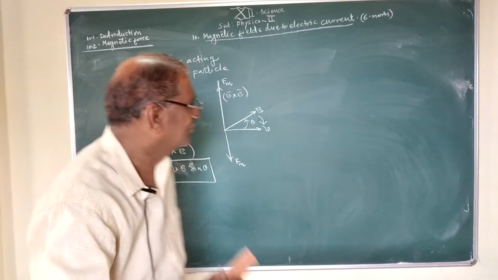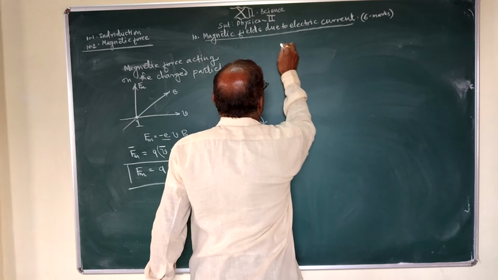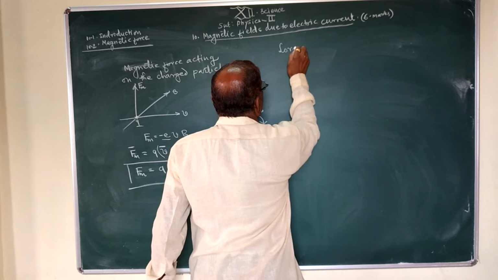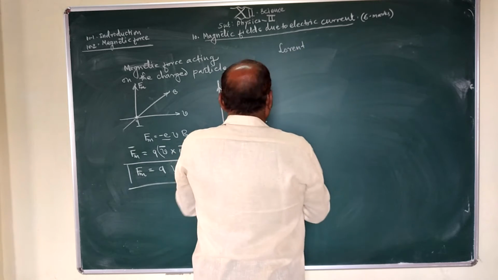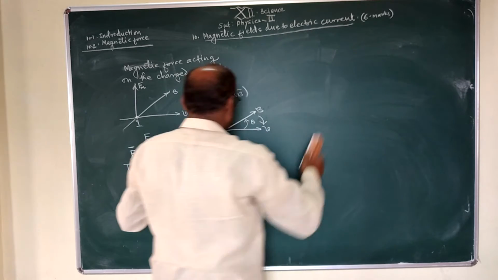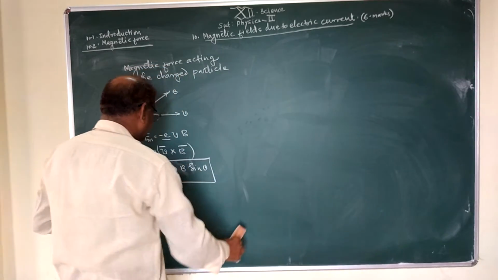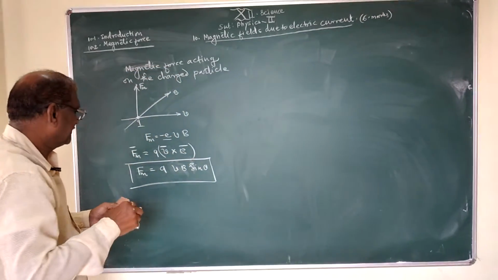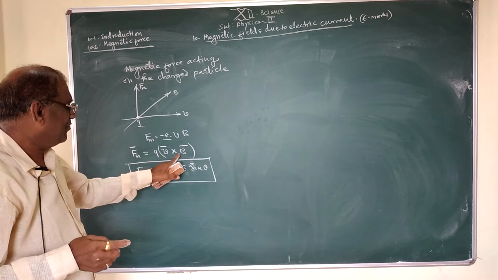This is now the Lorentz force, or Fm is equal to q v cross B.